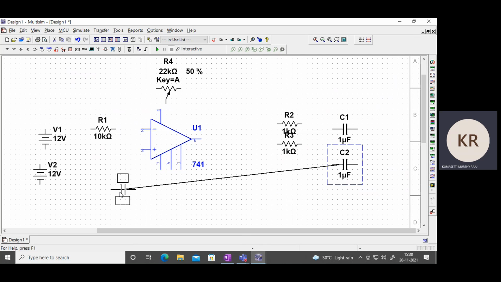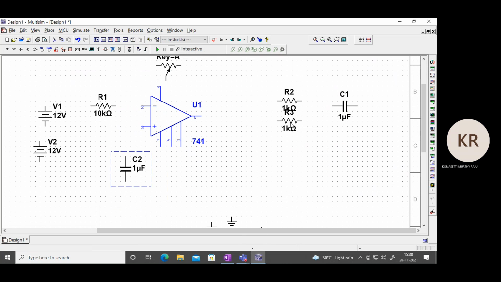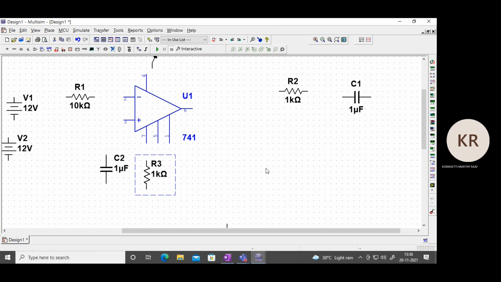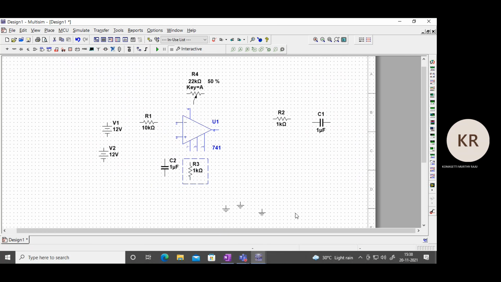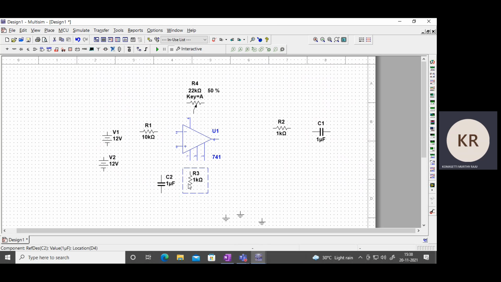Here a capacitor is there in the feedback network. Click on that one and rotate 90 degrees. These two are connected in parallel. These two are connected in parallel.